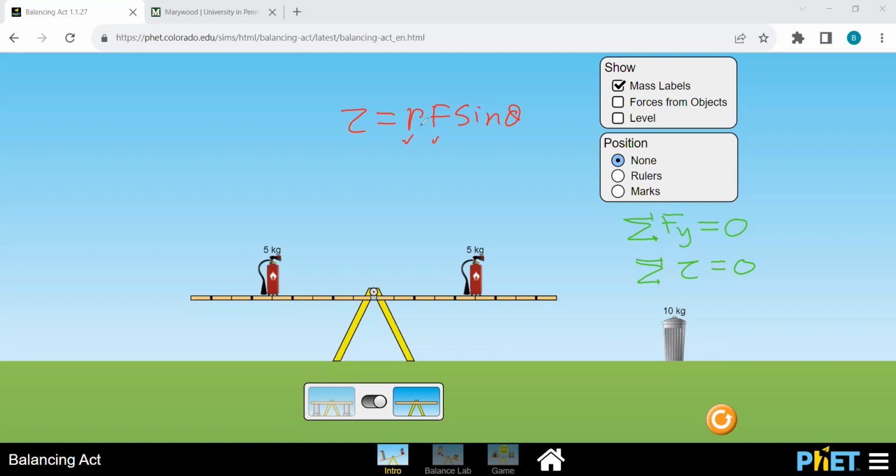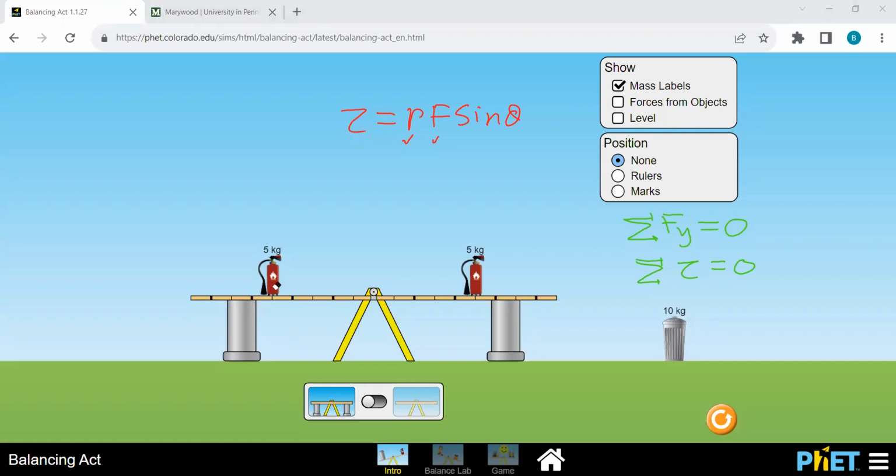So for example, this is very simple, right? Because we already know the axis of rotation is this one. But for example, if we choose the other one, here we do not know what the axis of rotation is.